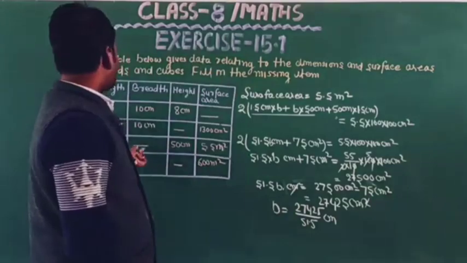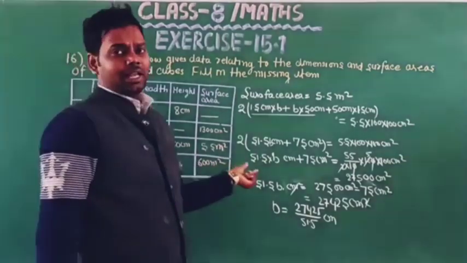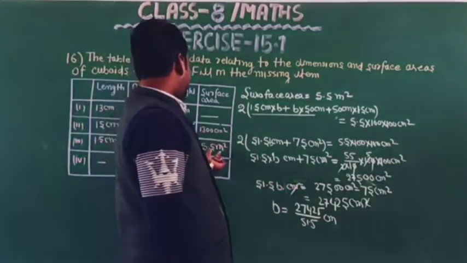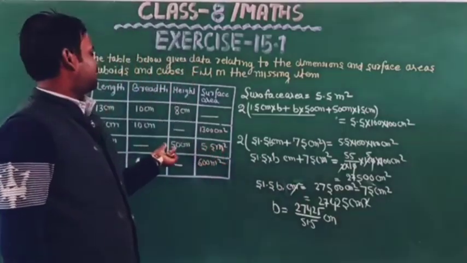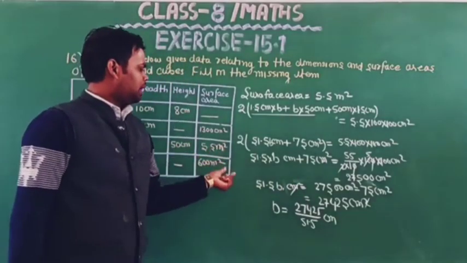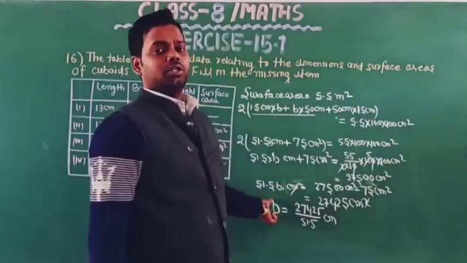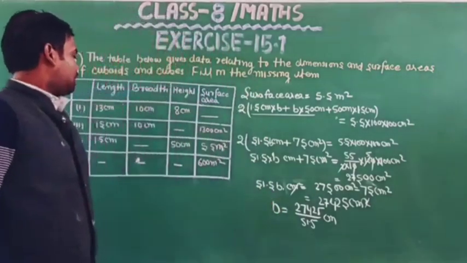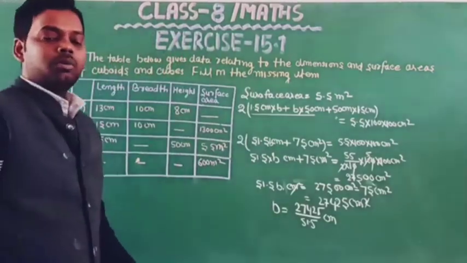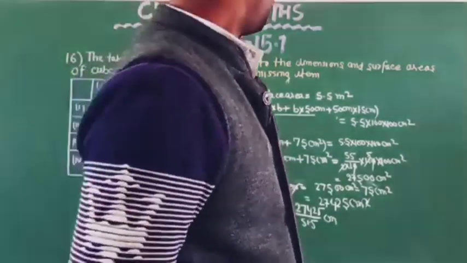In the third part of this question, I think the data provided by the book is incorrect. Okay, so we have to leave out this question. Now move to its fourth part.